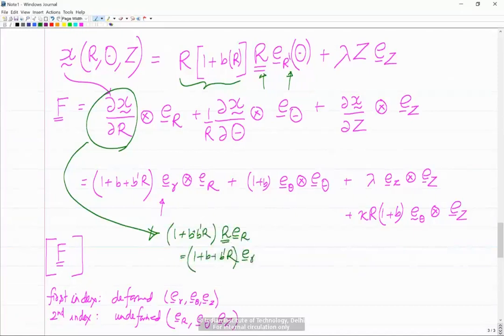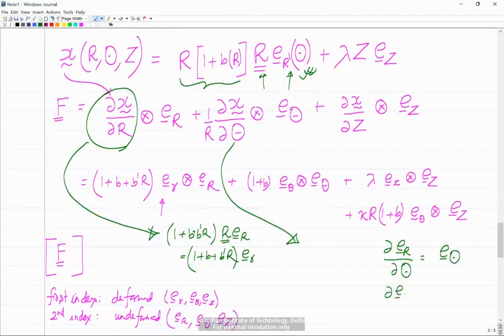Yes, sir. So then, how del x by del theta? This one? Okay. See sir, what is the function of theta here. It is just this one, which is a function of theta, right? Now you may recall del E big R by del big theta. What was that equal to? That was equal to E big theta. So del E big R by del big theta is equal to E big theta. You can go back and see.